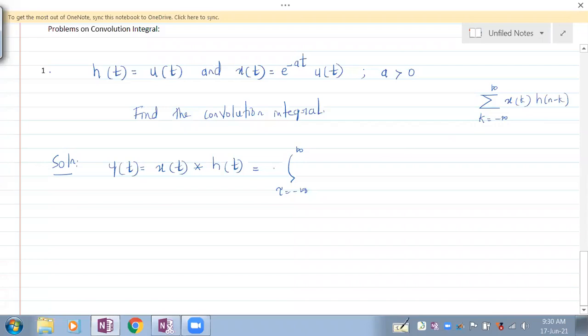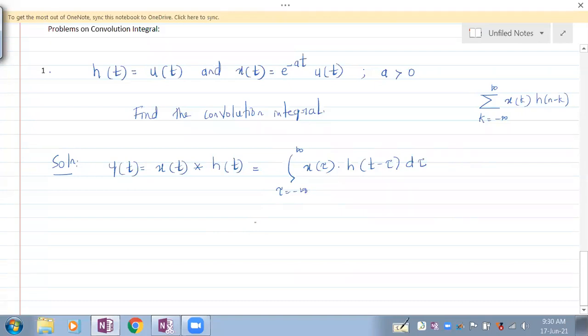So what would it become? It would become x of tau into h of t minus tau d tau. Understand? Now this is how the equation of convolution integral looks like, and that is something that we derived in the last class.